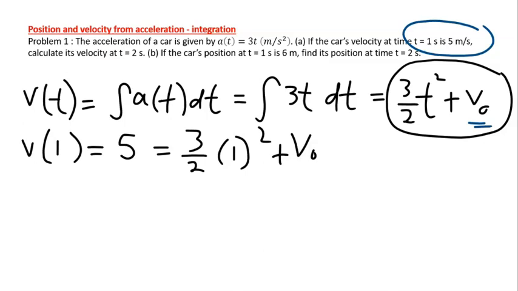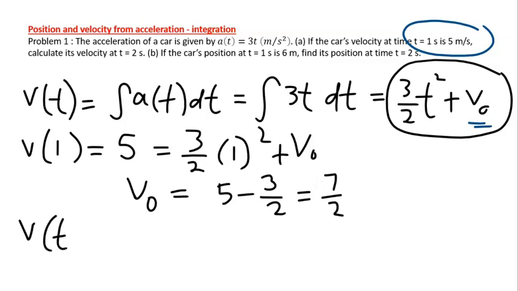So that means v naught is 5 minus 3 over 2, which is 7 over 2. That gives you the complete expression for the velocity as a function of time: 3 over 2 t squared plus 7 over 2.